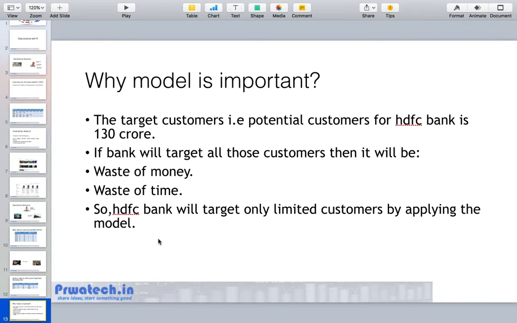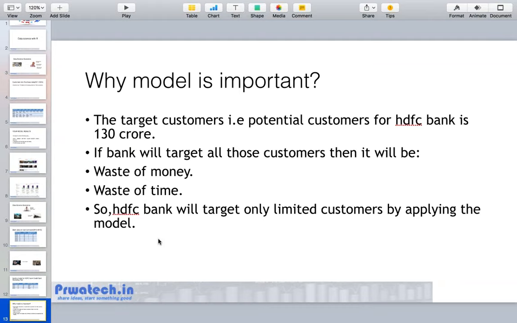So why is the model important here? Because the potential target customers for HDFC Bank number 130 crore, meaning India's population is nearly 130 crore. If HDFC Bank targets all those customers, what will happen?